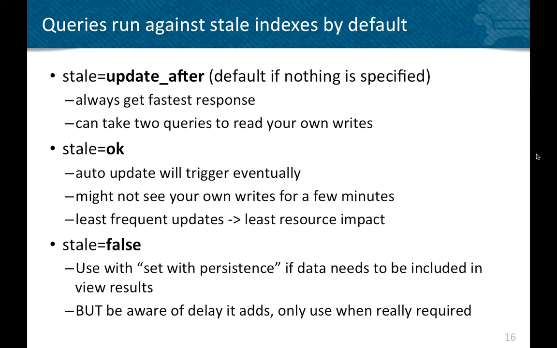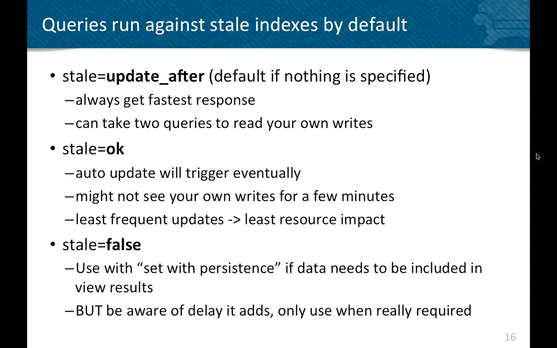Stale equals OK is even more lenient than stale equals update after. What it says is just give me the result set from the on-disk index and don't do any updates on my account. This is the one you want to use if you have a lot of view queries and a lot of writes, and you don't need exact consistency for your queries.